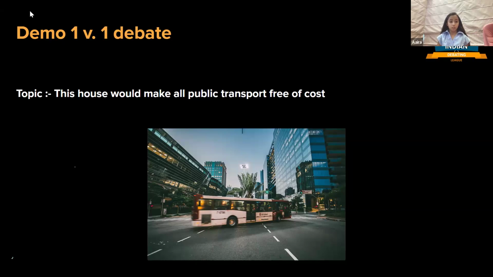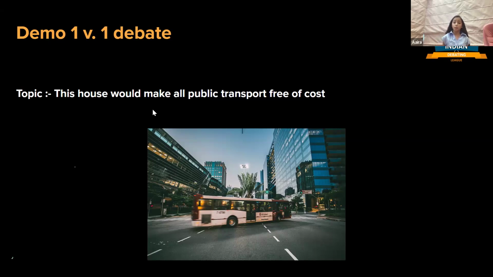Comparing both teams' contributions, our team has highlighted two main points. First, that making public transport free will help reduce pollution and tackle climate change. Second, it will improve economic equality by giving everyone, especially low income people, access to better jobs, education, and other opportunities.